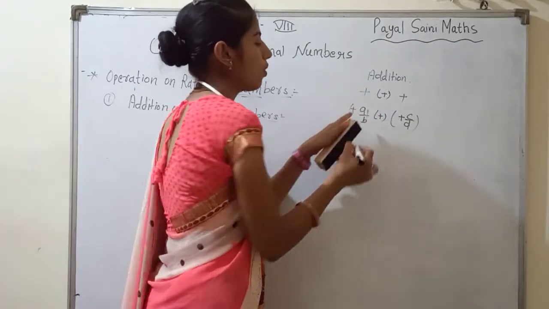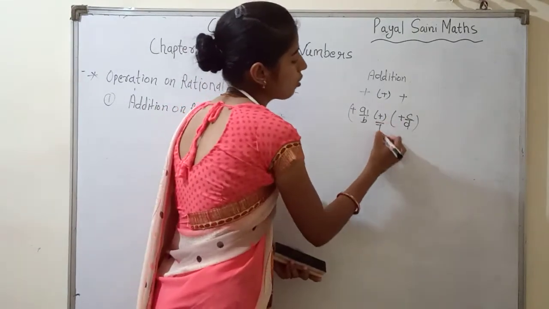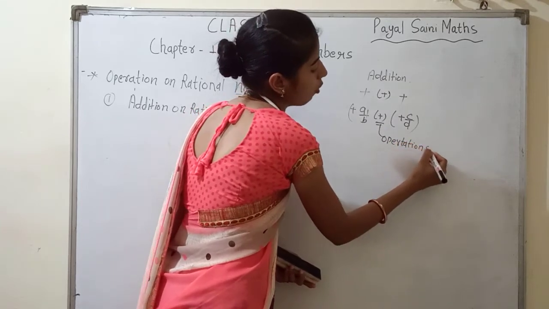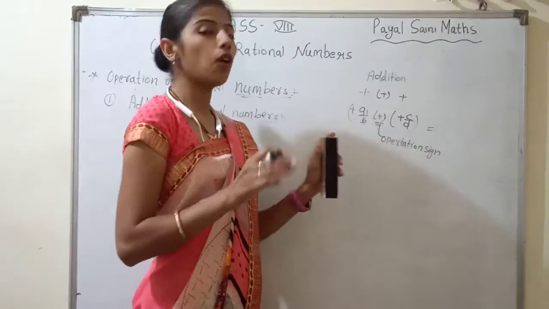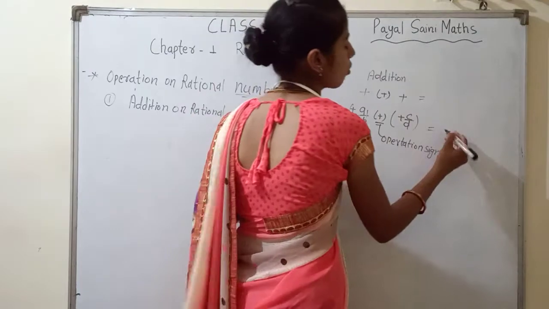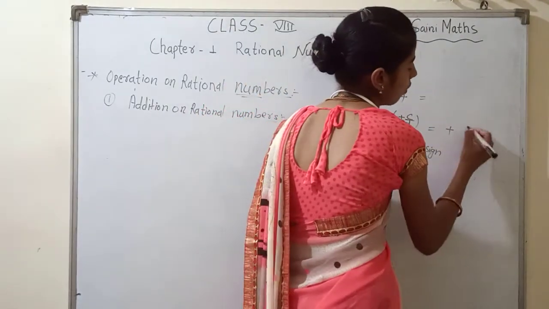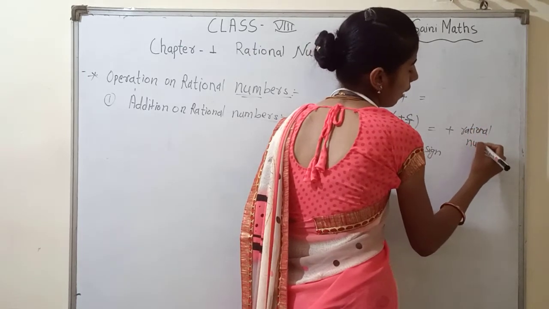This is the sign of your rational numbers, but this sign is your operation sign. Then what is our result? Our answer should become a positive rational number. It's very important.